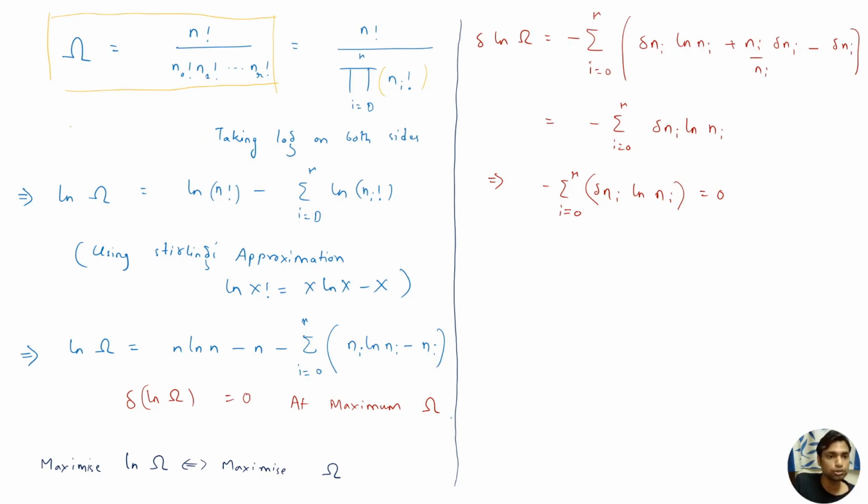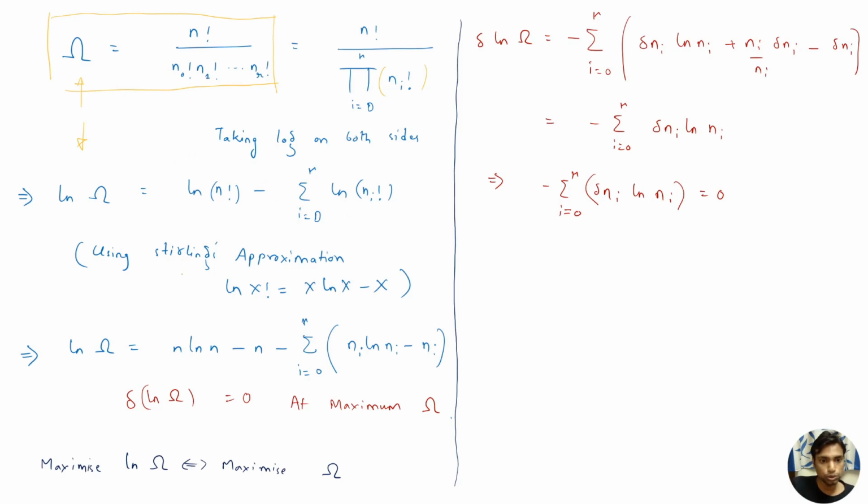So if we maximize omega, the point at which omega is maximized is the point at which log of omega is maximized. The advantage of taking log is that we can convert multiplication and division into sums and differences. I hope this step is clear.